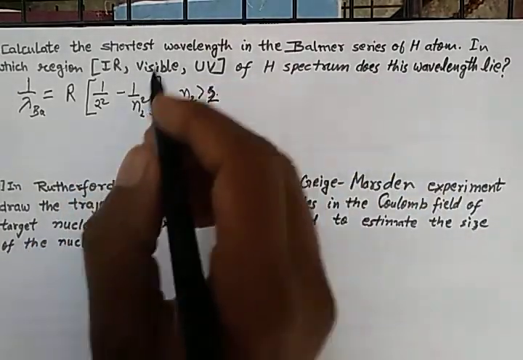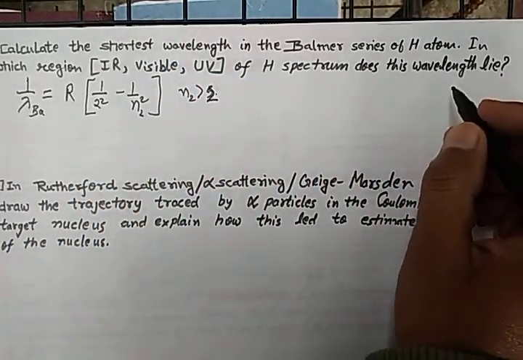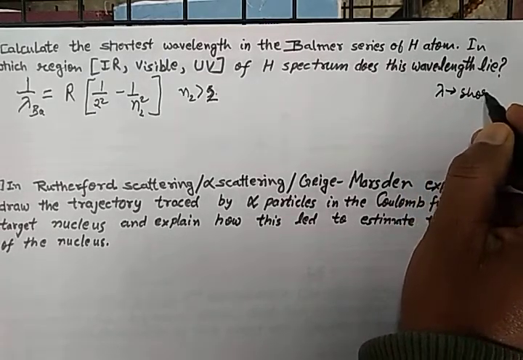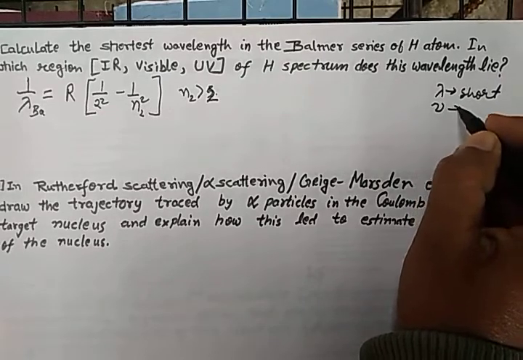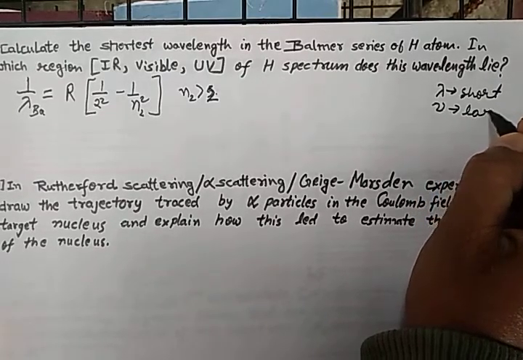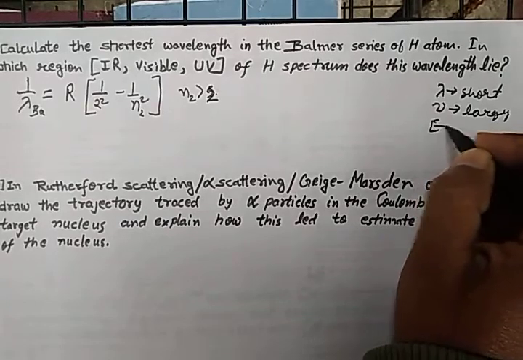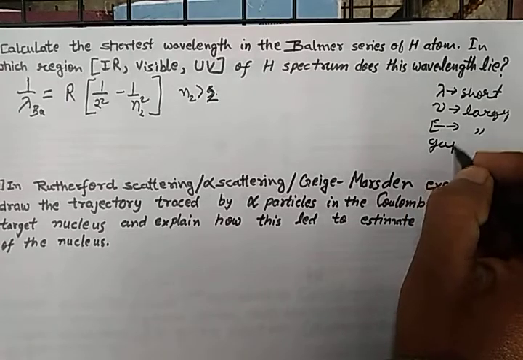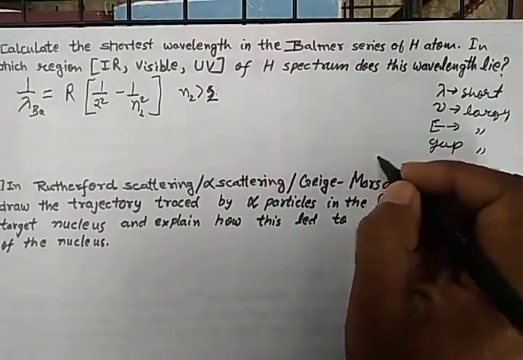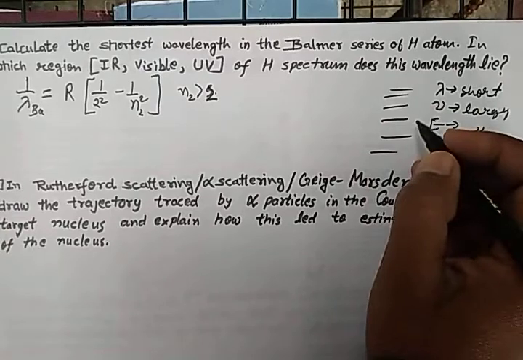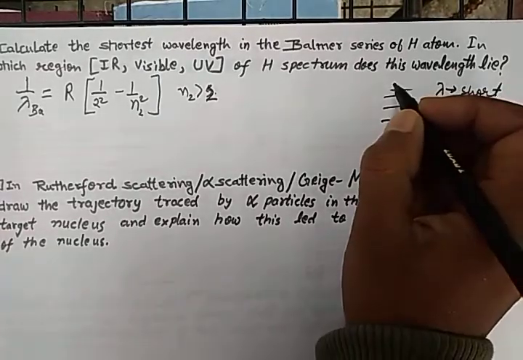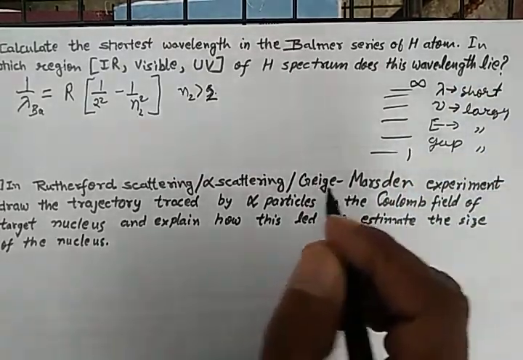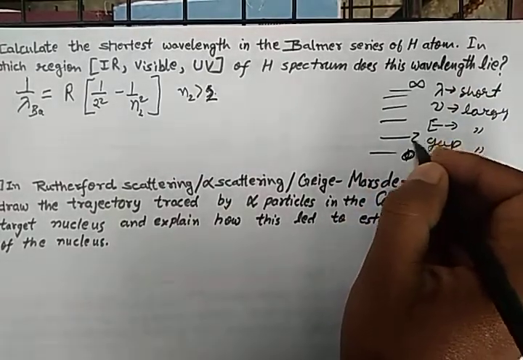Okay, for the shortest wavelength, remember I told you that if lambda is short, having a small value, then frequency will be large, then energy will be large, then the gap will be large. So if these are the energy levels, the largest gap will be obtained for the infinity to 2 region, because it is Balmer.